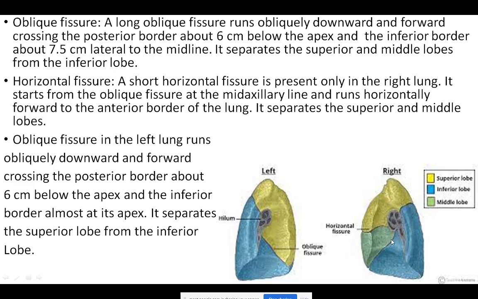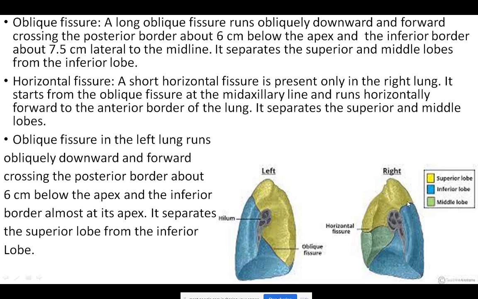It runs downward like this, and crosses the posterior border. It crosses from the anterior, then to the costal surface, and then to the posterior border. Okay, it crosses the posterior border about 6 centimeter below the apex. Below the apex at 6 centimeter, the oblique fissure crosses the posterior border.